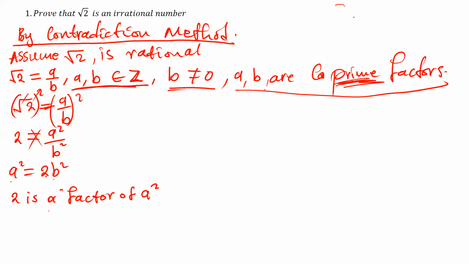So having known that 2 is a factor of a squared, it is also mathematically proven that 2 is therefore a factor of a as well.